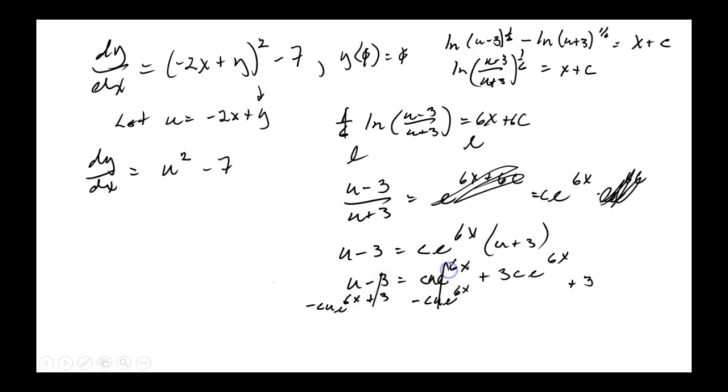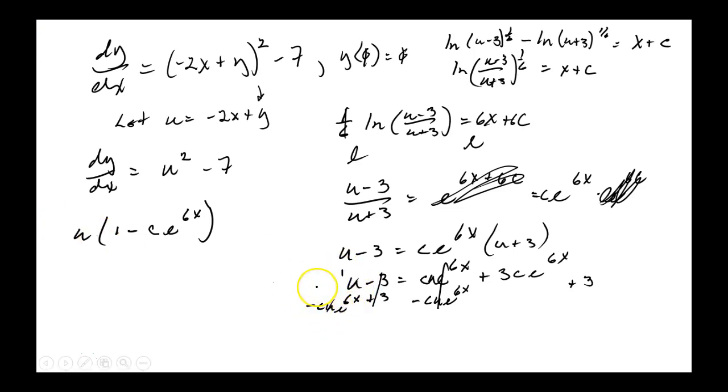Okay. So what we have now, factoring out the u, we have 1 minus c e to the 6x. That's what we have here. Factor out the u's. Okay, pull it on the outside.